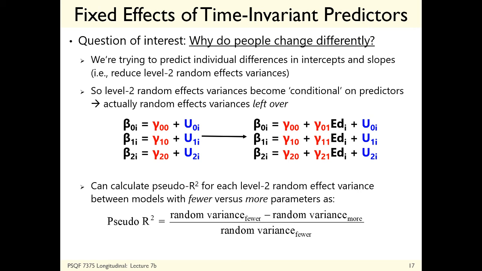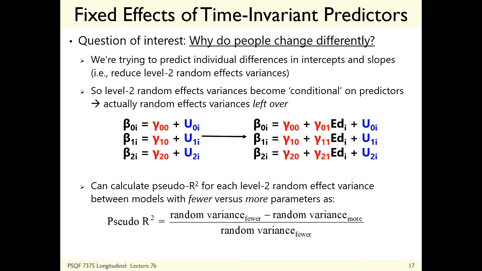So our job then is to figure out why each person needs their own random effect, and we put in level 2 predictors. So in general, the level 2 predictor's job in the model is to explain the random effect variance that's in its level 2 equation. So the main effect of education explains random intercept variance. Education by time explains random time slope variance. Education by time squared explains random quadratic time slope variance. And it's all neat and tidy, right?